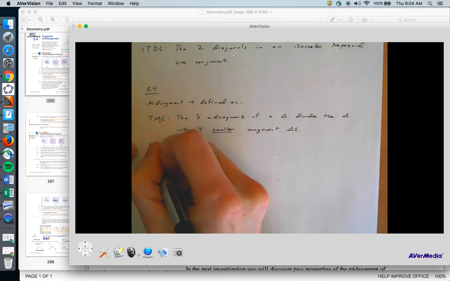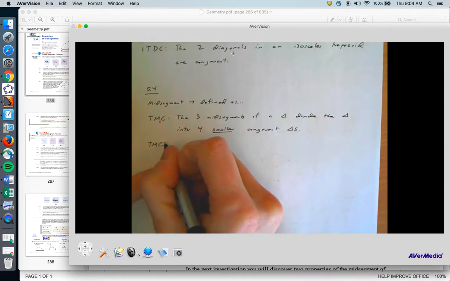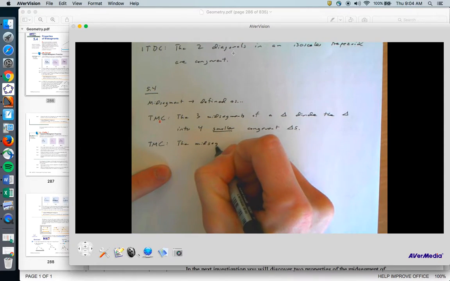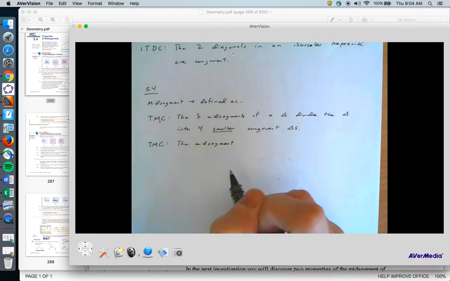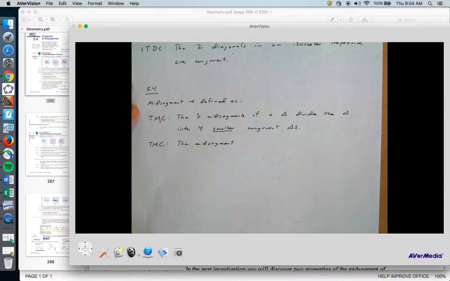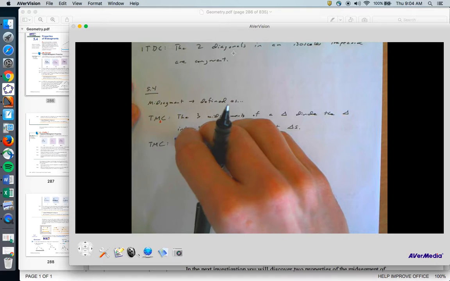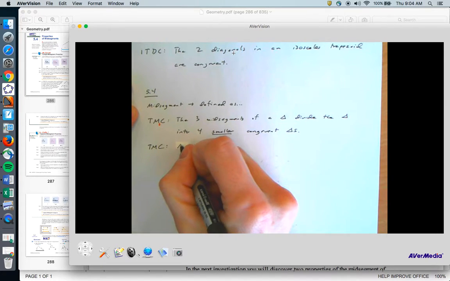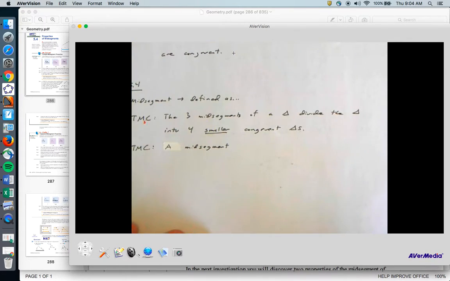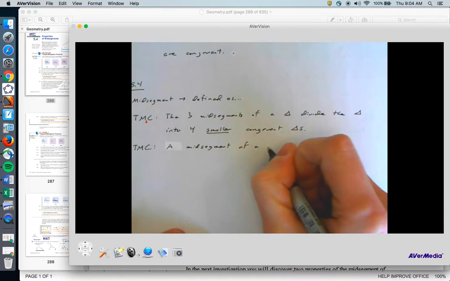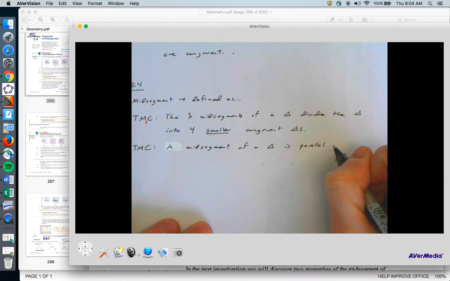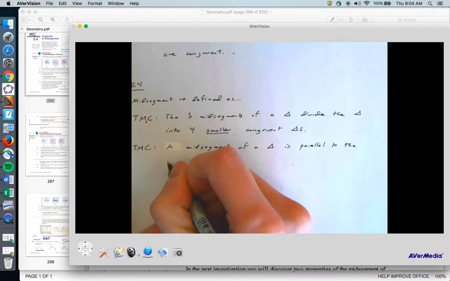TMSC. And just the singular TMC says the midsegment, that's bad language. Let's get rid of this. A midsegment. That's better language. Let's zoom in a little bit. A midsegment of a triangle is parallel to the side.